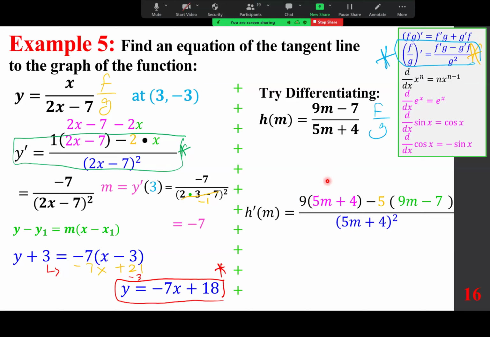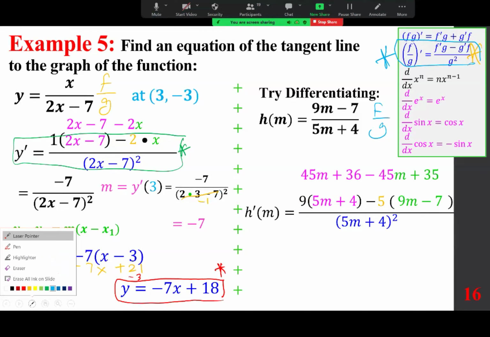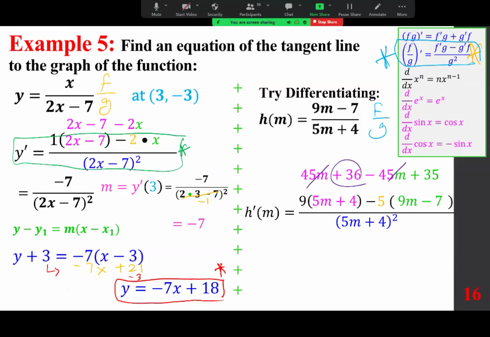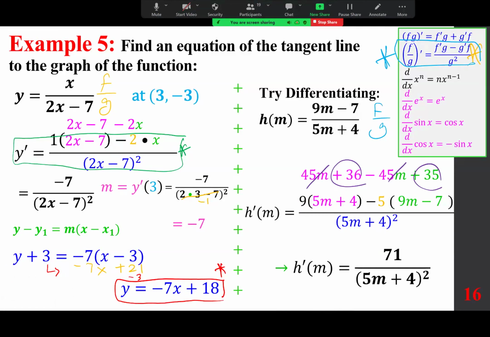We get 45m plus 36 minus 45m plus 35. These two cancel each other, and they add up to 71. So h prime of m is 71 over 5m plus 4 quantity squared, and we are done.